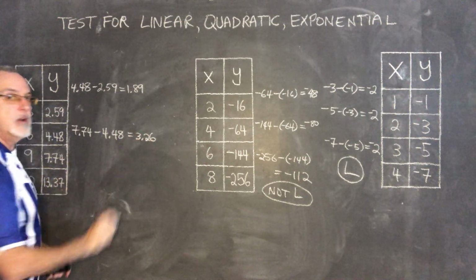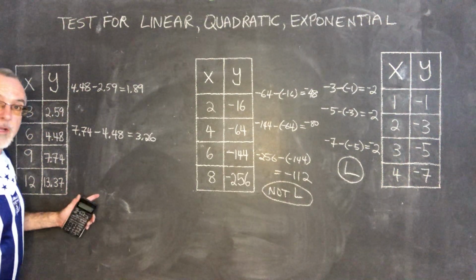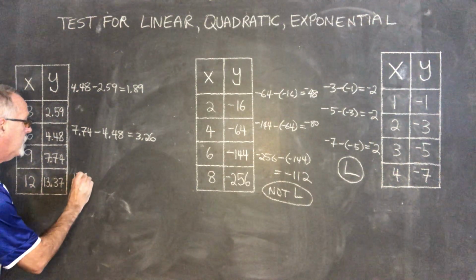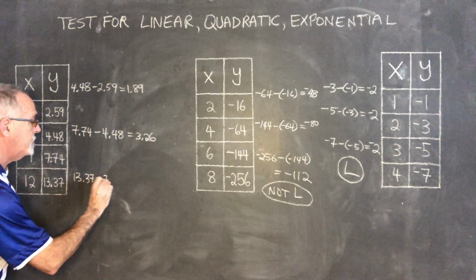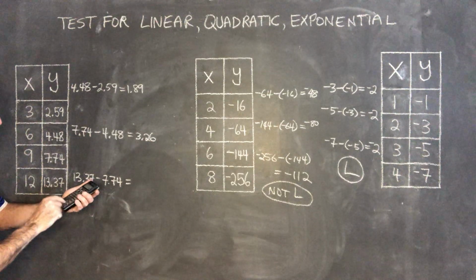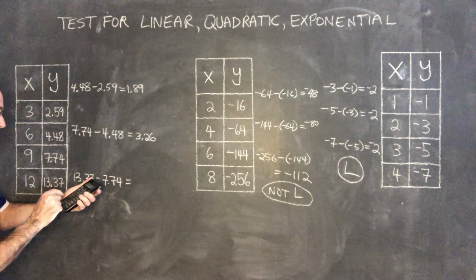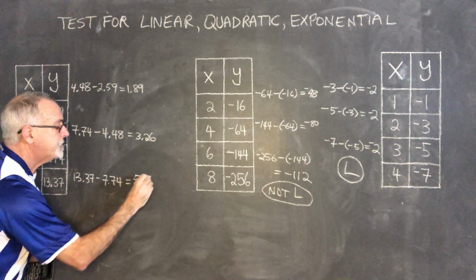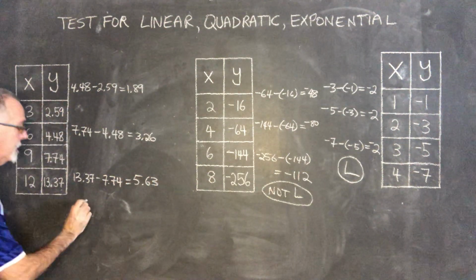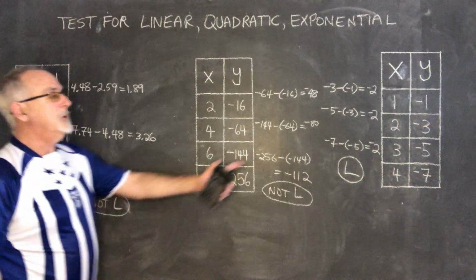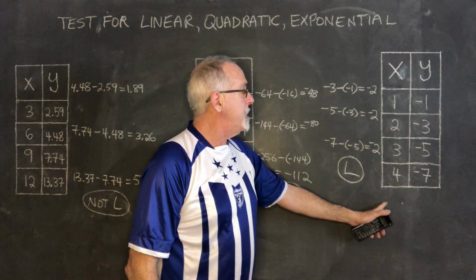Again, this is not linear, but I'm still going to do the third pair of y coordinates I have. 13.37 minus 7.74 equals 5.63. It's not linear. So the first one's linear, and I'm going to stop with that one.